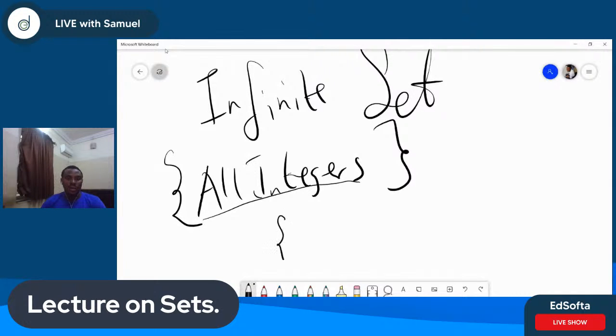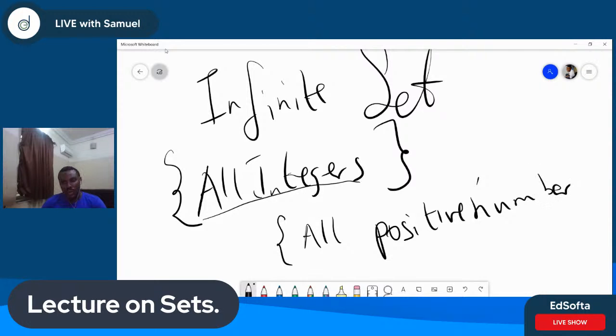If you have a set of all positive numbers, they can go from 1 to 3 million to 1 billion to 1 trillion to 2 zillion, and keep going, to a position where no one has even given a name to such a number. That is infinite. It cannot be counted. So that's just an infinite set.